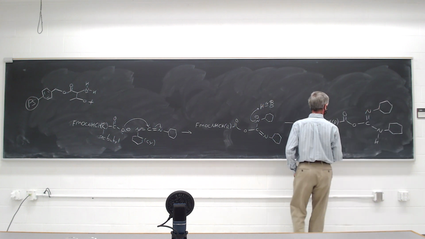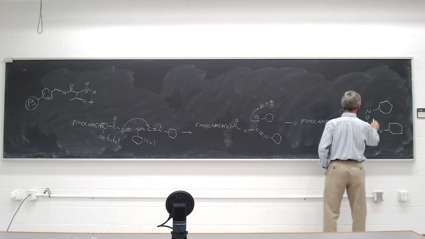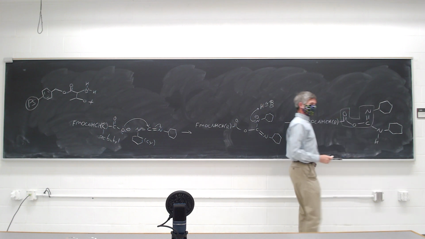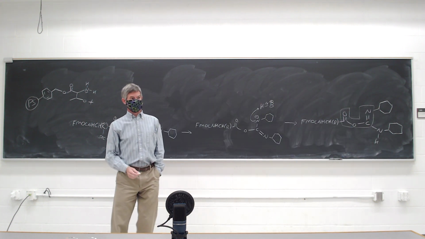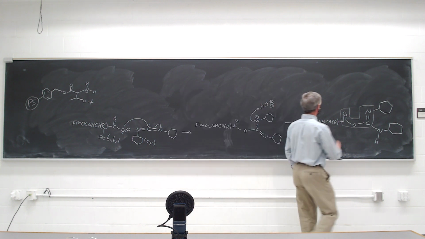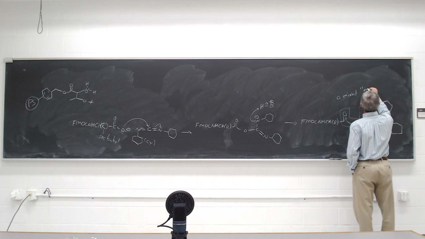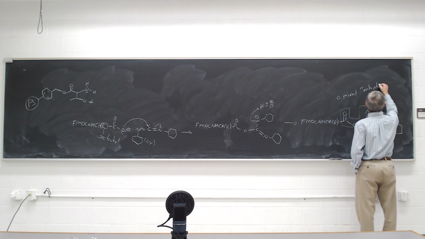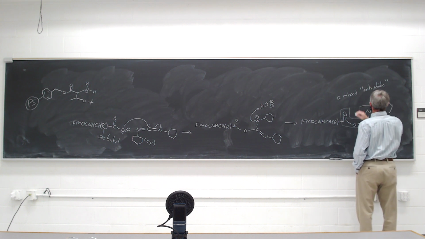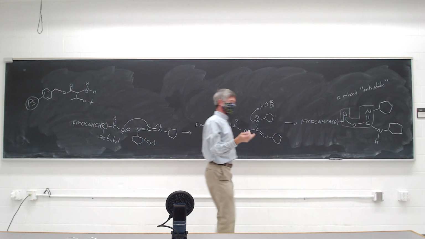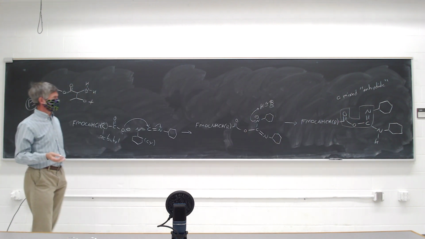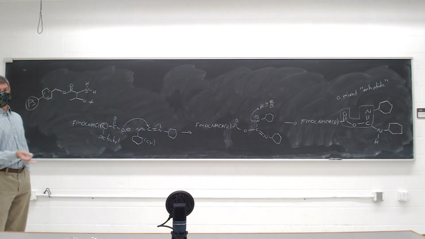And I've actually rotated it because I want to focus on this group right here, because that should look anhydride-like to you. It's not an anhydride because one of those double bonds is a CN double bond instead of a CO double bond, but it looks like an anhydride.